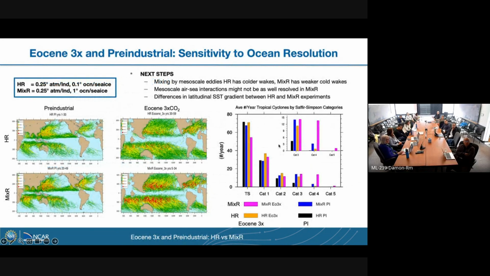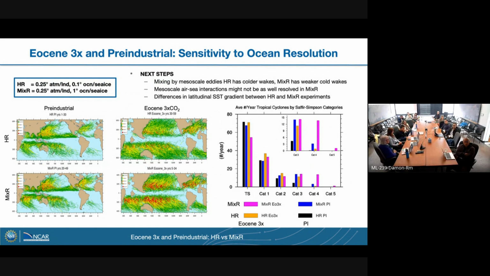So this has intrigued us, but we haven't had really enough time to look at it. Some possibilities are that when you have high resolution, you have mesoscale eddies, and this leads to colder wakes, while the mixed resolution might have weaker cold wakes as a tropical cyclone passes.